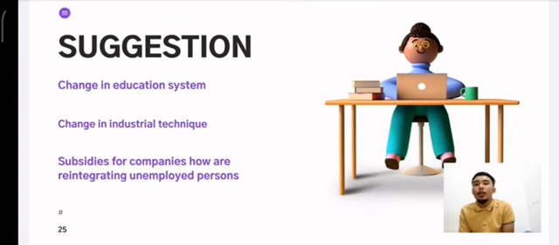In this case, it might be sensible to provide financial incentive by government for these firms if they are willing to reintegrate long-term unemployed persons into the workforce by offering them a job. By doing so, these people may be able to get a job and therefore may be able to get out of unemployment.